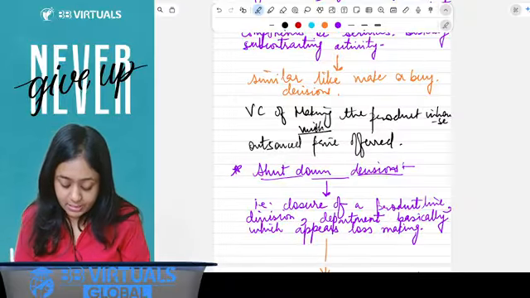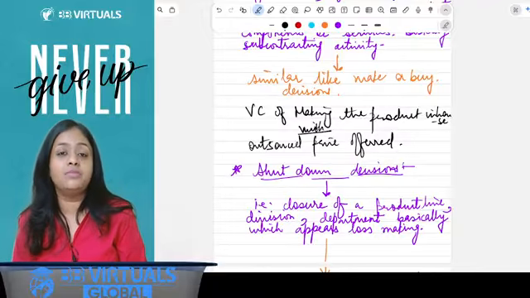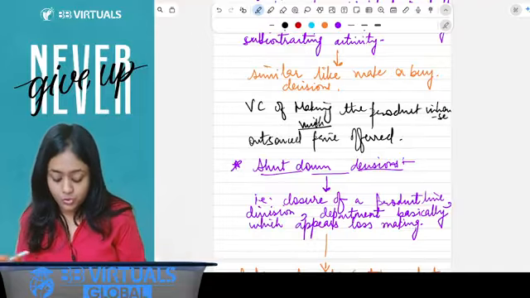The core purpose is that if the outsourced price offered is more than the variable cost, then definitely we'll make the product in-house. If it is less than the variable cost, then we will outsource the product.